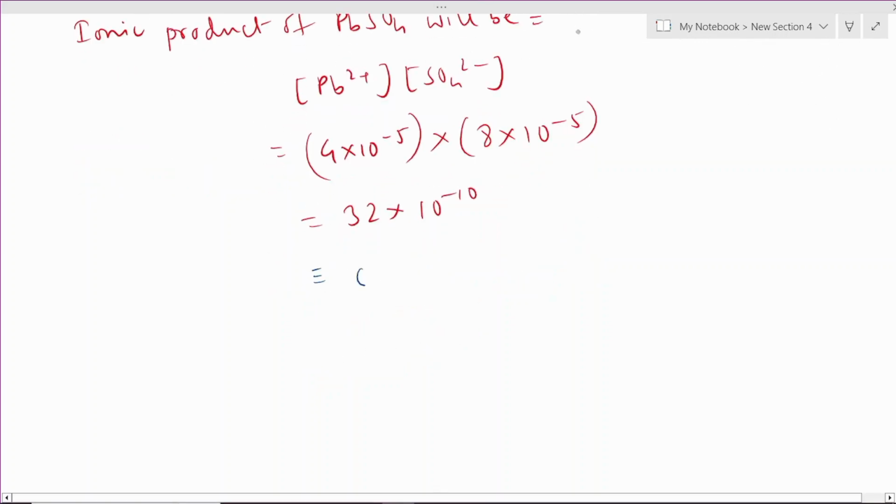Or we can say that it is 0.32 into 10 to the power minus 8.